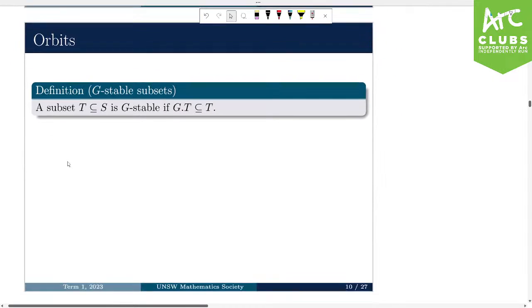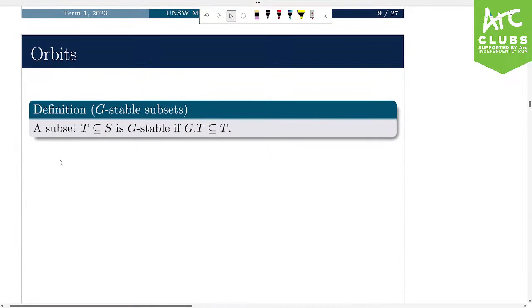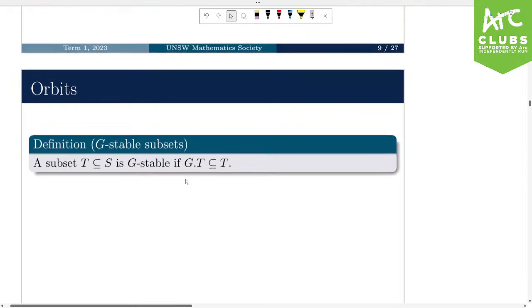Okay, now we'll get into the anatomy of G-sets. We'll start with G-stable subsets.